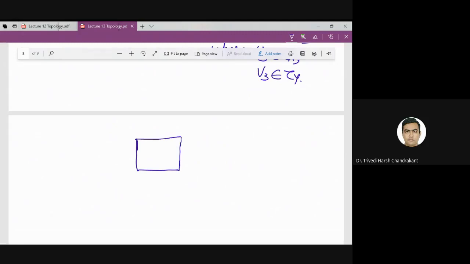That will be kind of a rectangle, right? So let us say this is U1 cross V1. In the same way, if I have another two, U1 a subset of X axis, V1 a subset of Y axis, then I will get another rectangle which is U2 cross V2.